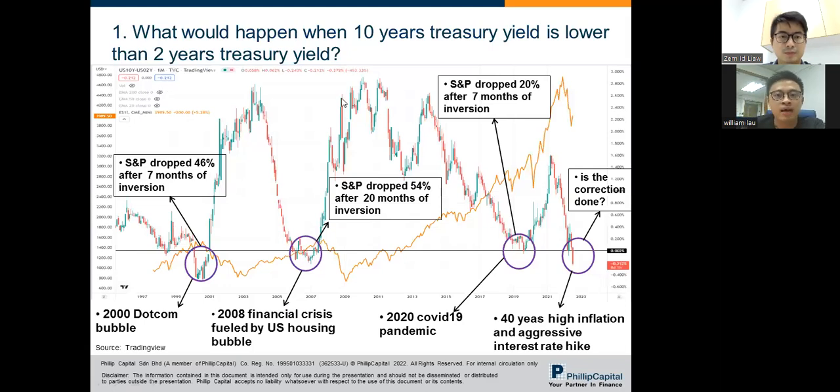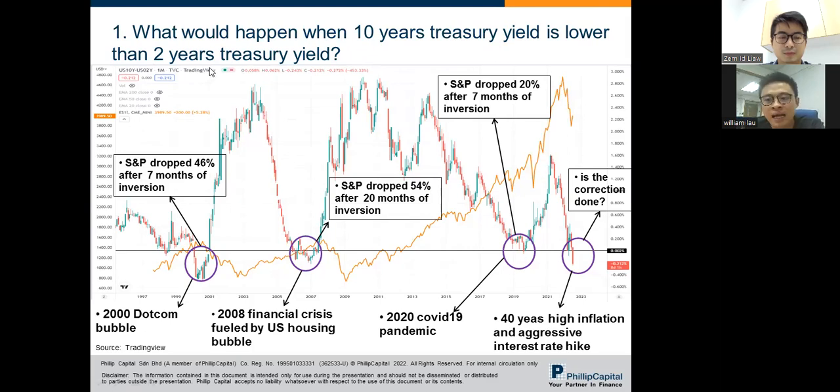The first one looks a bit complicated, but let me explain. In the past 10 to 20 or even up to 30 years, what happens when the US 10 years treasury yield moves lower than the 2 years?